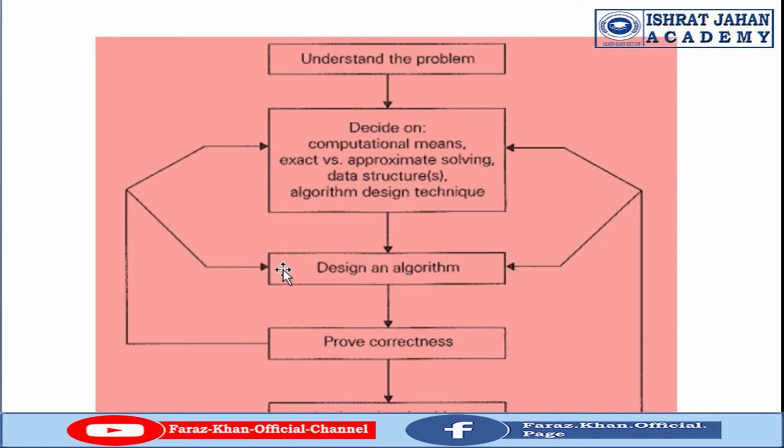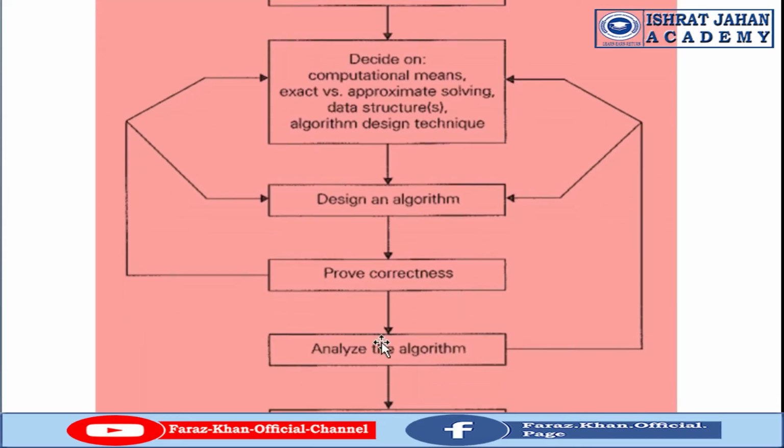Now, if there is a need, we should move on to this level again and again. As you can see that we have an arrow, and when we have successfully achieved this phase, then we have to design an algorithm. Then the next phase would be prove its correctness, then analyze the algorithm, and the final stage would be code the algorithm. So let's discuss it one by one.